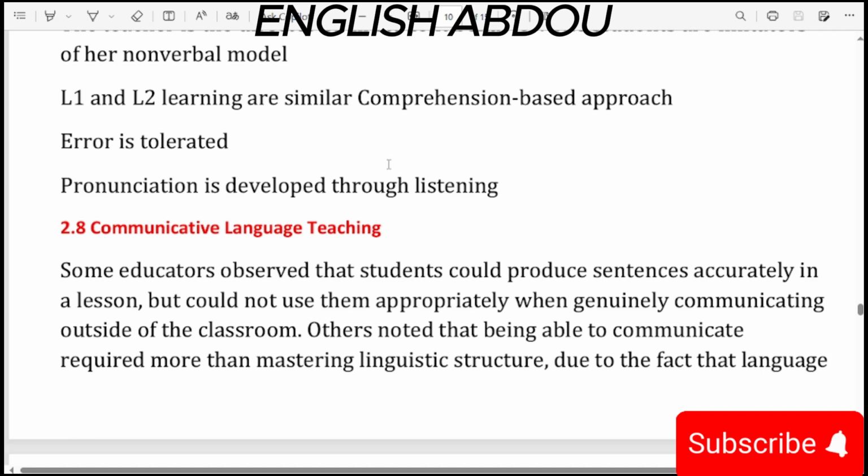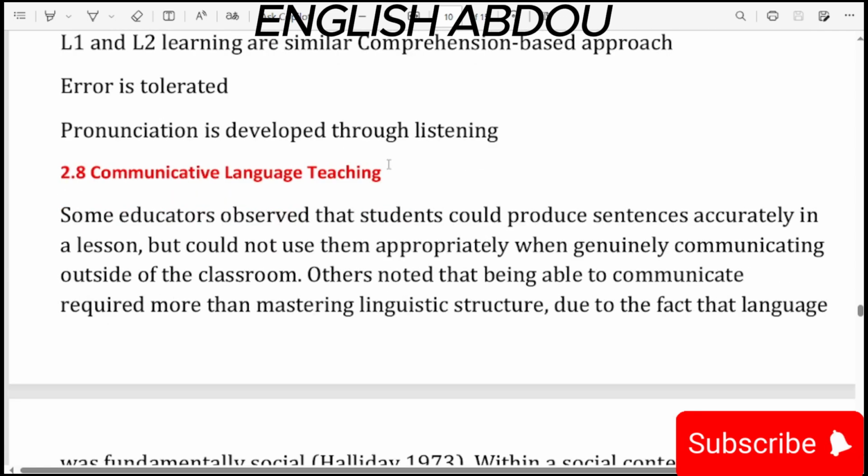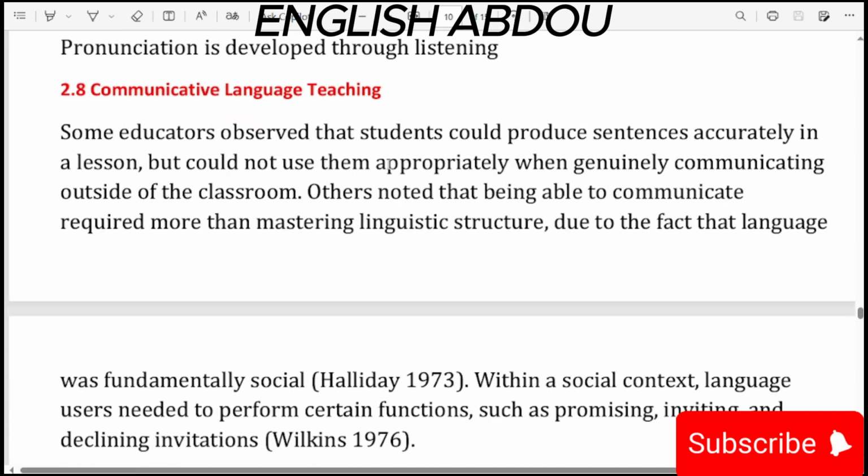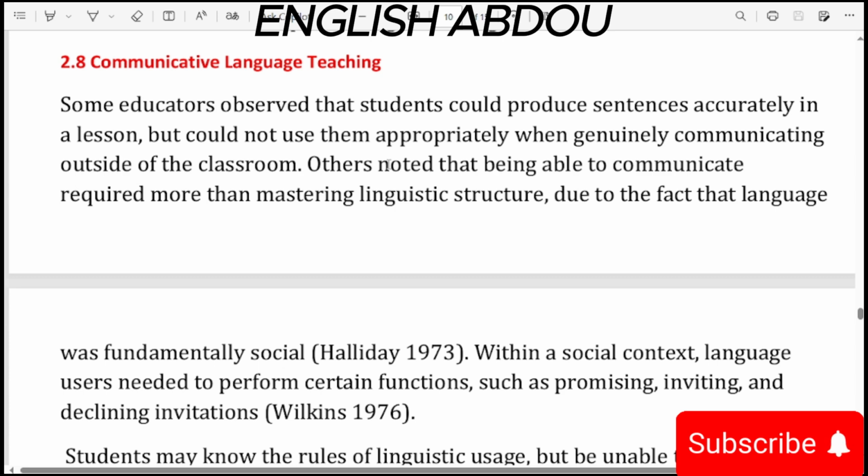Communicative language teaching. It is the past method. It is the new method that appears. Some educators observed that students could produce sentences accurately in a lesson, but could not use them appropriately when genuinely communicating outside of the classroom.